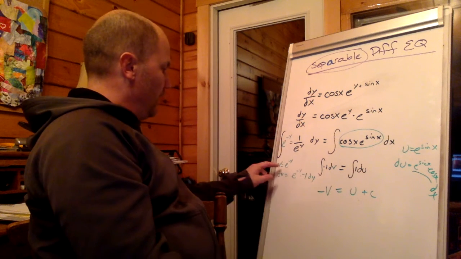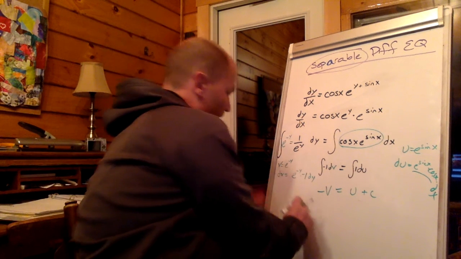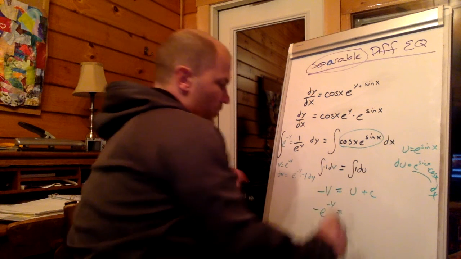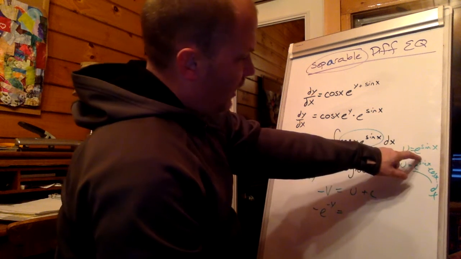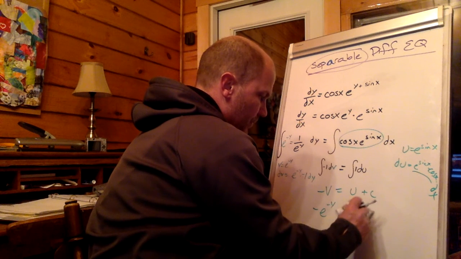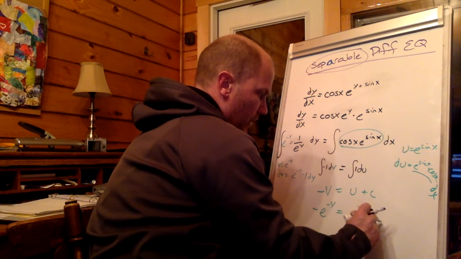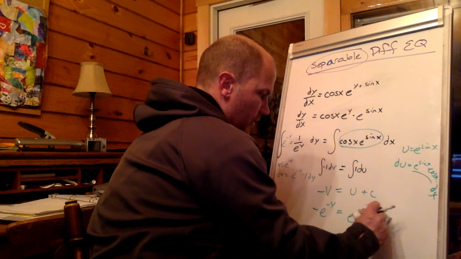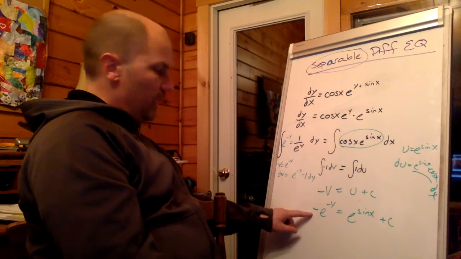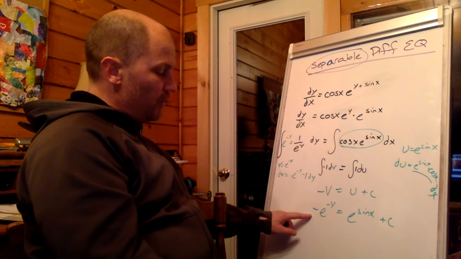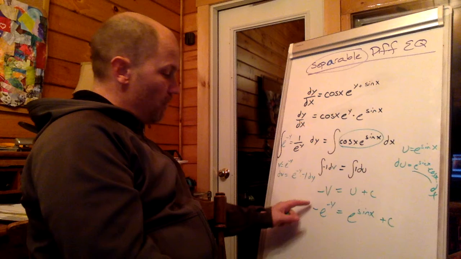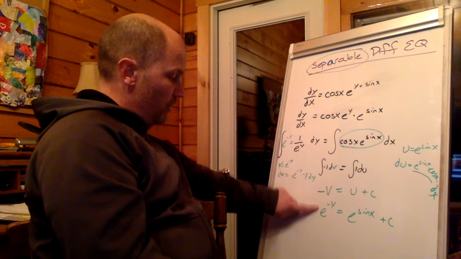Well, we know that v is e to the minus y, so it's negative e to the minus y equals u is e to the sine x, and then plus c comes down here. If I want to, I can now start trying to solve for this negative y, or solve for y. So I'm going to first multiply everything by -1, so that gets rid of that.